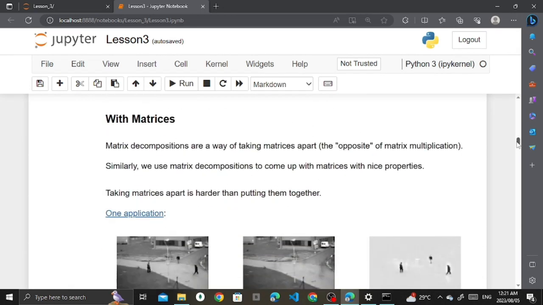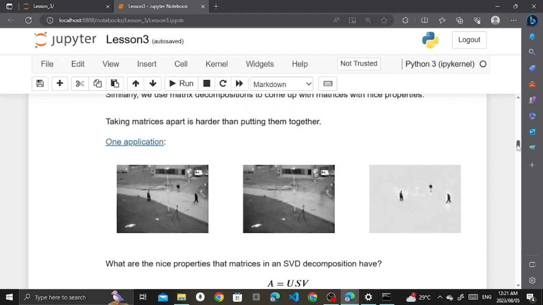Here you have the matrix on the left, people walking through a video, and you want to identify what's the background and what are the people. The goal is to decompose it into two different matrices, where the background is said to be lower rank.